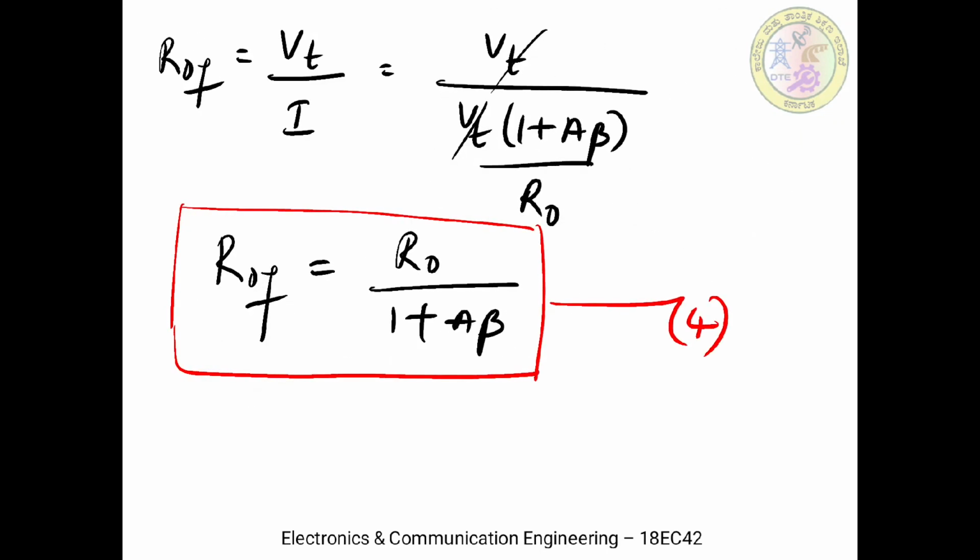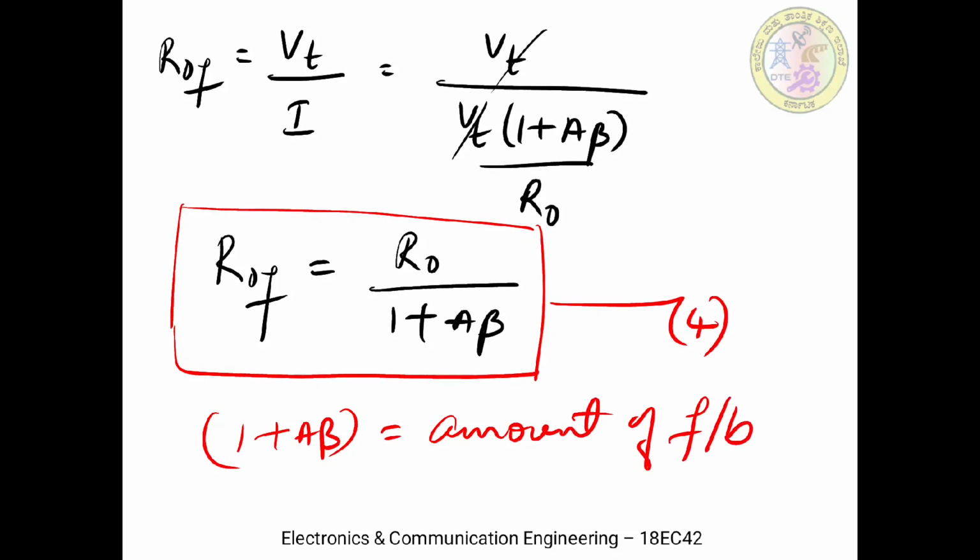So what does this equation 4 indicate? The output resistance with feedback is equal to R naught divided by the amount of feedback, 1 plus A beta. In other words, negative feedback reduces the output resistance R naught by a factor equal to 1 plus A beta. This 1 plus A beta is called the amount of feedback.